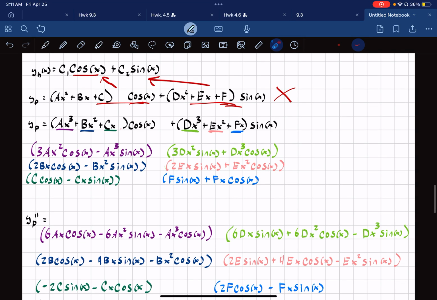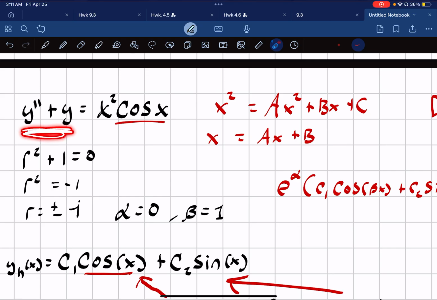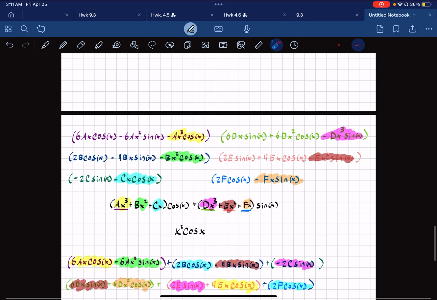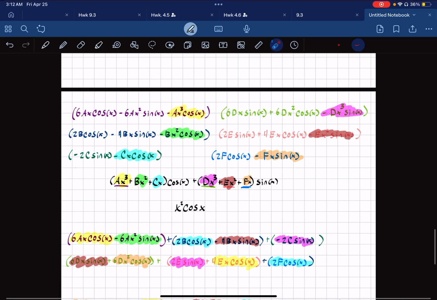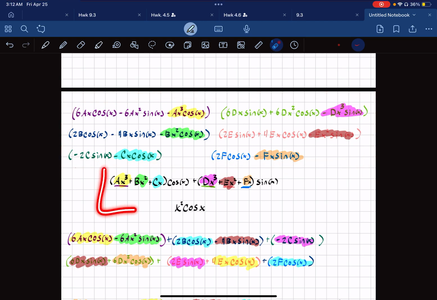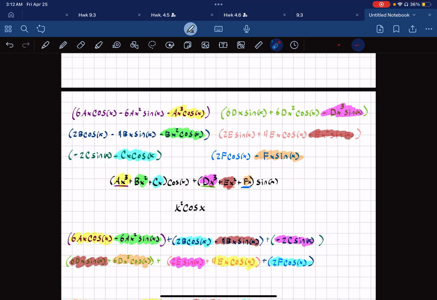And what we want to do is plug this back into here. So that's what I did here. You can pause the video, but I'll explain what I did. So this is our y double prime, and this is our just y, our particular solution, because just y has no derivatives.